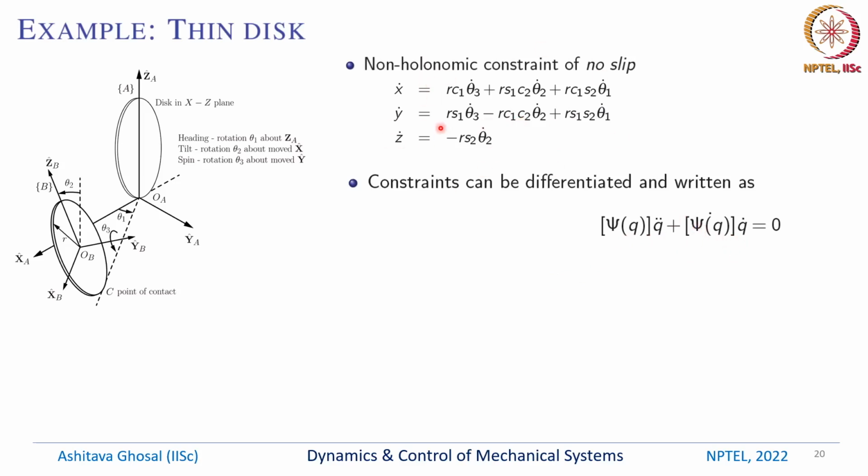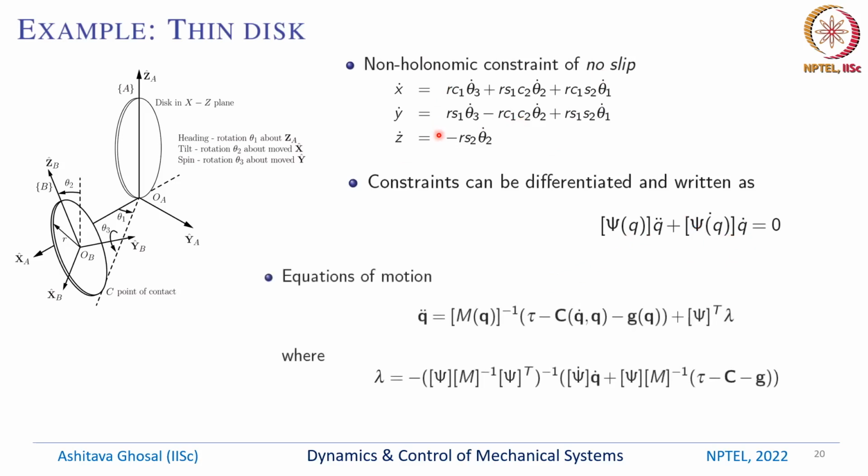So basically we take the derivatives of these constraints, and then the equations of motion can be written as q double dot equals M inverse times tau minus c minus g plus psi transpose lambda, where lambda can be solved as this. So this is a very standard way of deriving the equations of motion of the pure rolling of this thin disk subjected to these non-holonomic constraints of no slip.